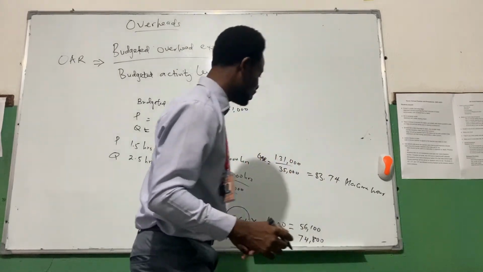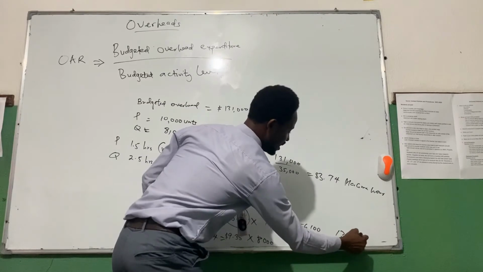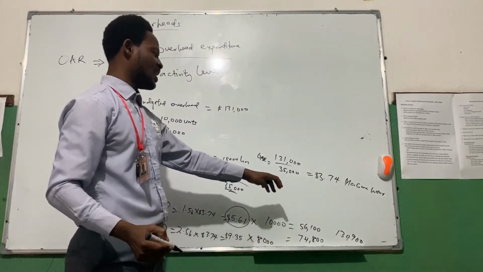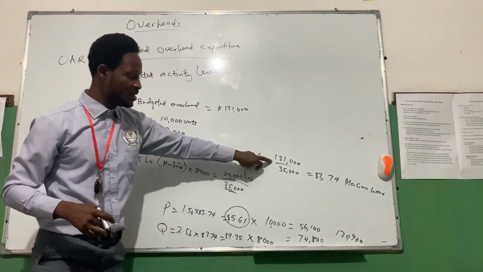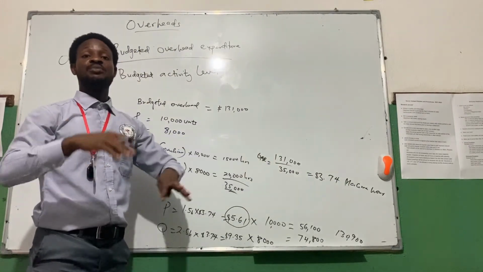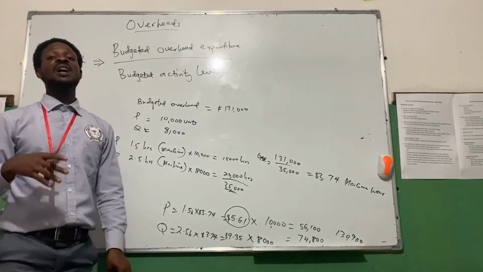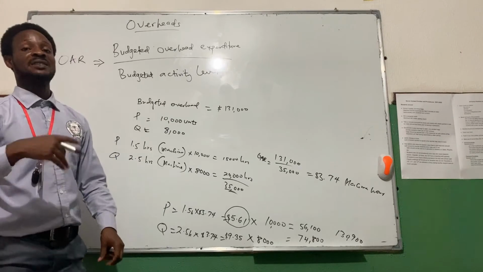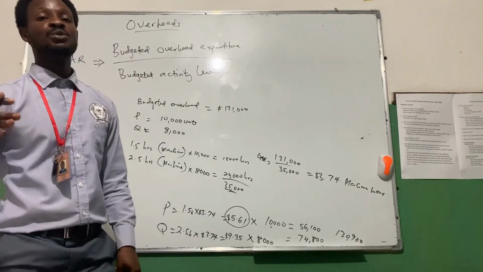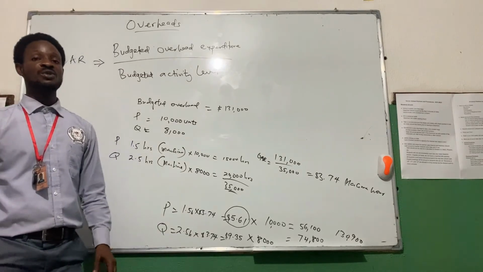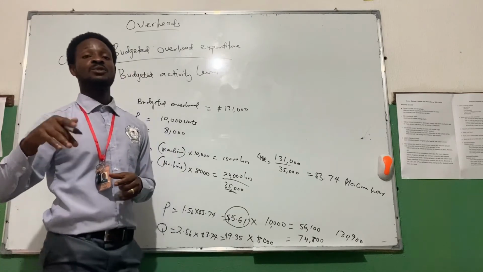The total answer here is 130,900. It should be 131,000, so 100 is missing. It's a problem with rounding up or down. That's the reason. So the more decimal places you round to, the higher the accuracy of your result.